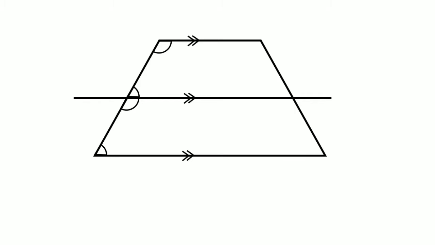We draw the altitude in both trapeziums, and these two other angles are also 90 degrees. After subtracting, these two angles are also equal, and we know that the altitudes of both trapeziums are equal by our assumption. So by the AAS congruency rule we conclude that these two right triangles are congruent.